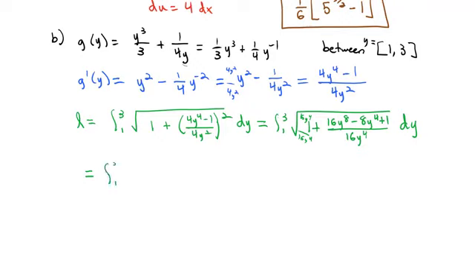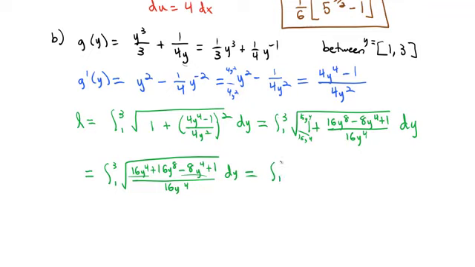And that gives us the integral from 1 to 3 of the square root of 16y to the 4th plus 16y to the 8th minus 8y to the 4th plus 1 over 16y to the 4th, dy. Combining like terms on those y to the 4ths, we get the integral from 1 to 3 of the square root of 16y to the 8th plus 8y to the 4th plus 1 over 16y to the 4th, dy.